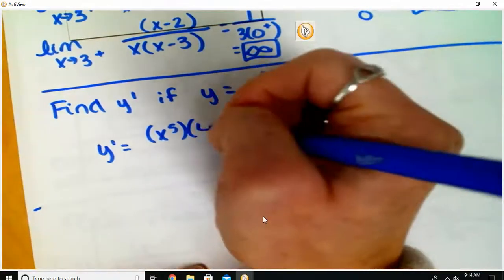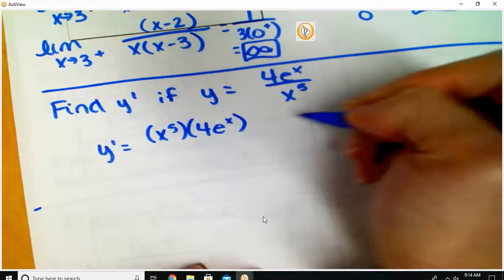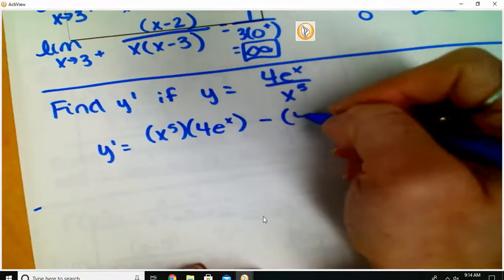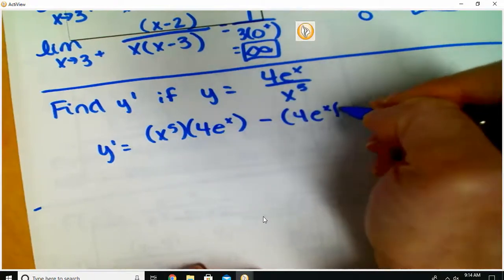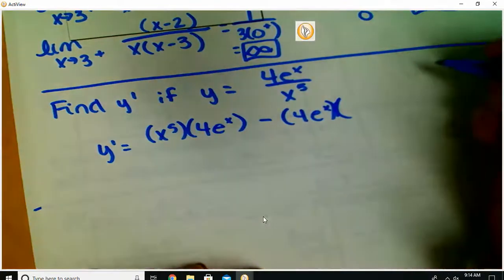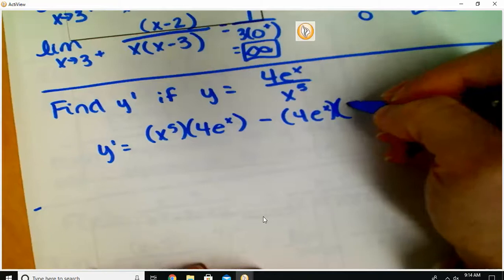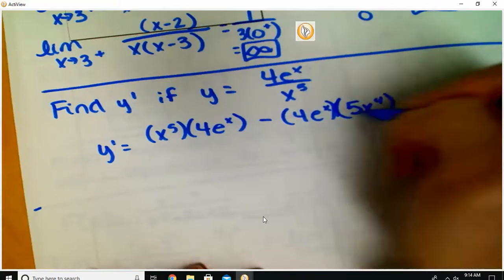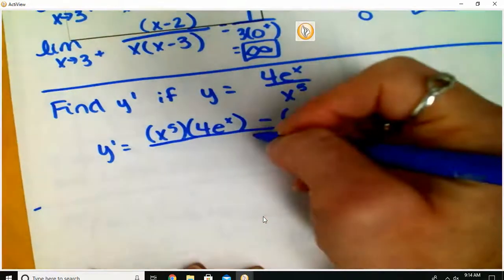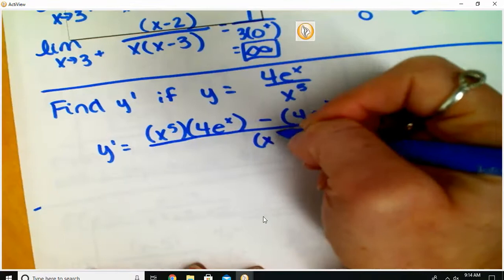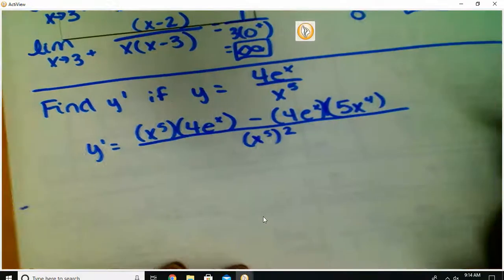Coefficients stay, and the derivative of e to the power is still e to the power. Minus high, d low. Derivative of x to the 5th? 5x to the 4th. Over low, so x to the 5th, squared.